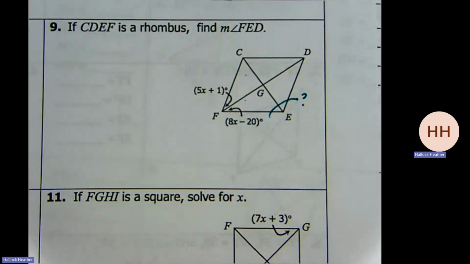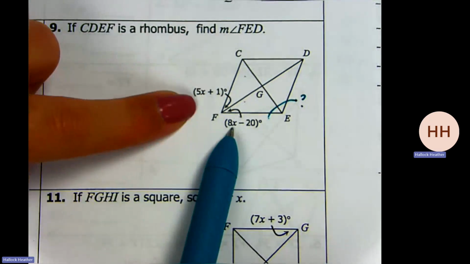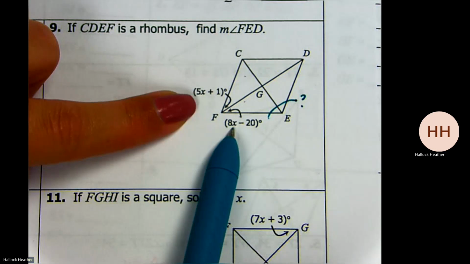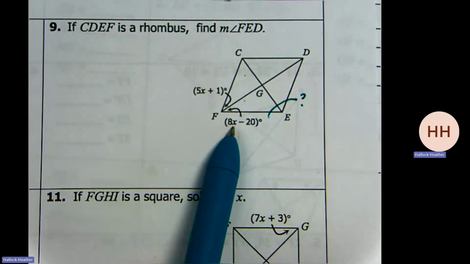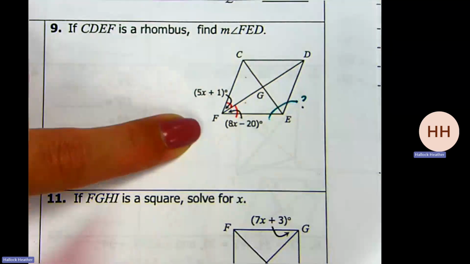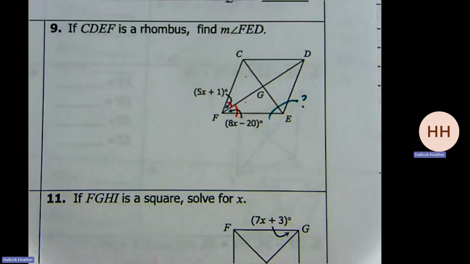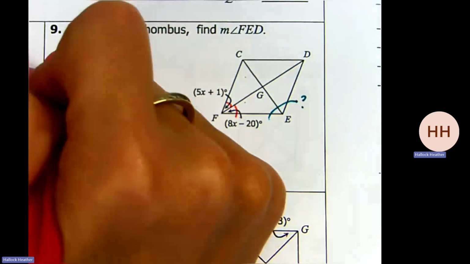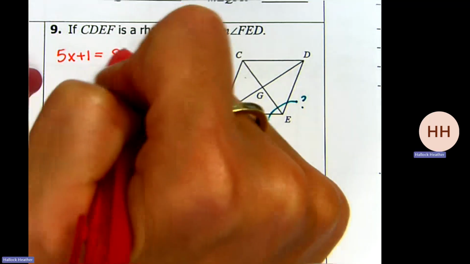What am I going to do with these two angles if I know it is a rhombus? Set them equal because it's an angle bisector, meaning that this angle is congruent to this angle. So I can put an equal sign between them, solve for x, and plug it back in. So I'm going to do 5x plus 1 equals 8x minus 20.